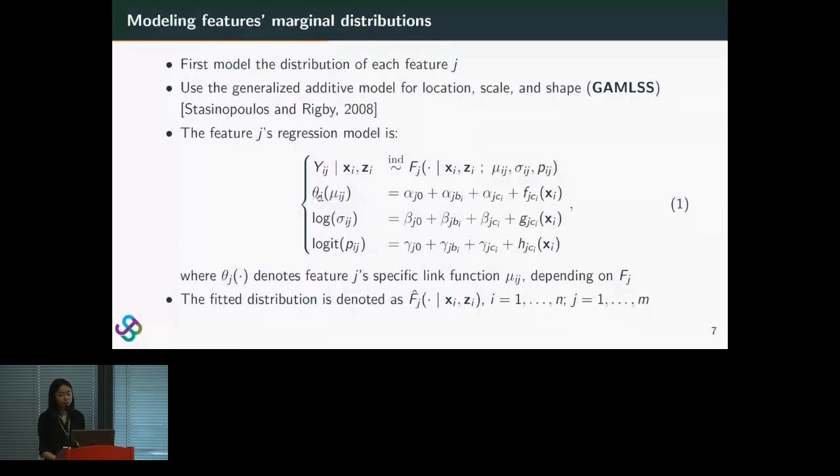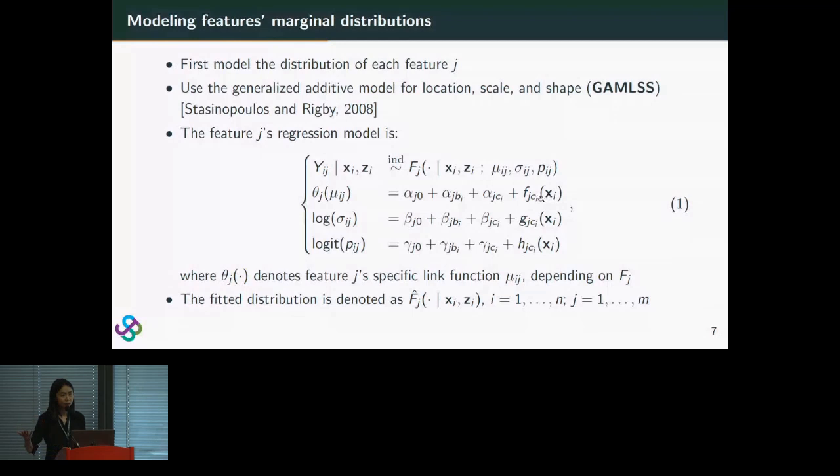In each relationship, we assume the following. There is an intercept, which is fixed for every feature j. And we have a batch intercept effect and a condition intercept effect. And for the state variable effect, we consider it to be possibly nonlinear if the state covariate is a trajectory, like pseudotime. So we don't assume the gene expression to be linear with the pseudotime, but we allow it to be nonlinear.